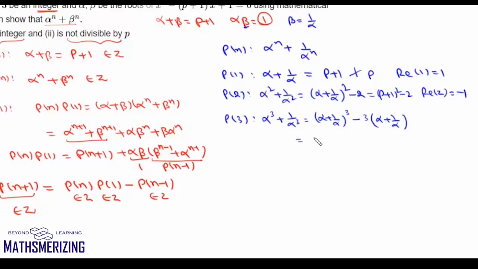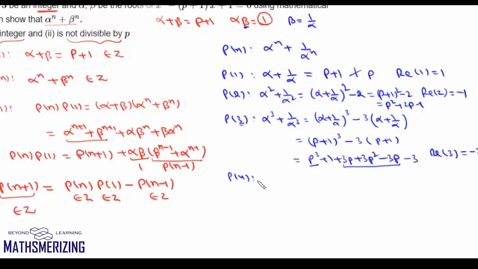So here it should be (p plus 1) cube minus 3, and then alpha plus 1 upon alpha will be simply p plus 1, so it will be p cube plus 1 plus 3p plus 3p square minus 3p and then minus p. So in this case we'll have all the expressions which are divisible by p and then minus 2. So in this case the remainder when the value of n is 3 is simply minus 2.